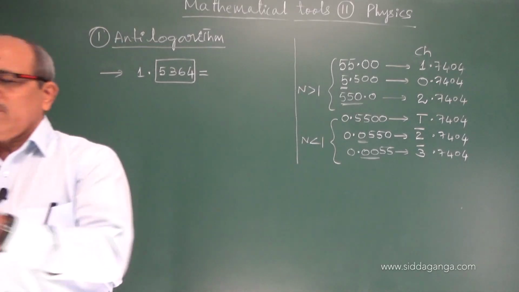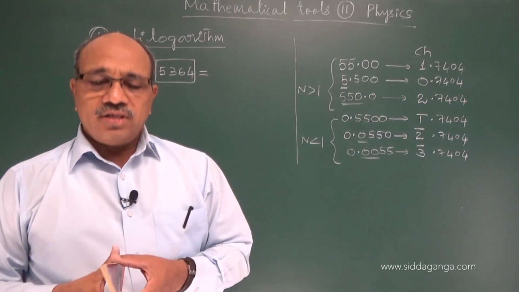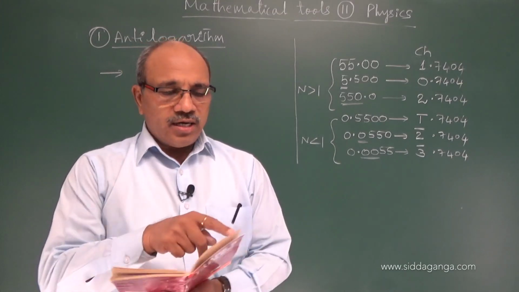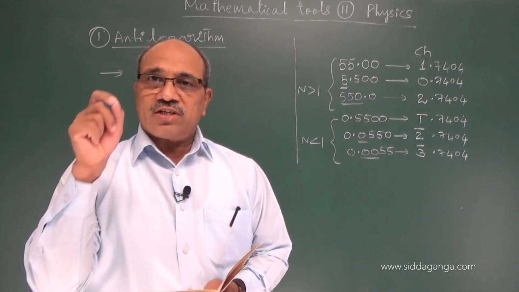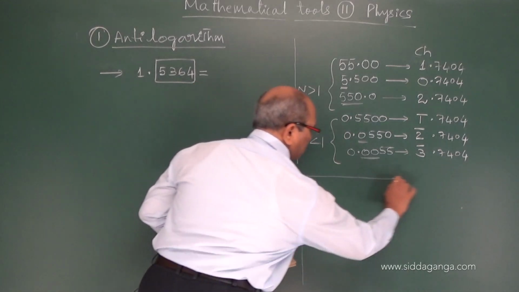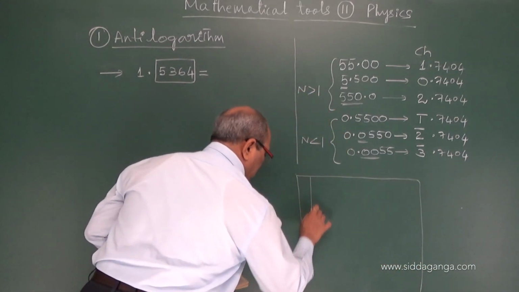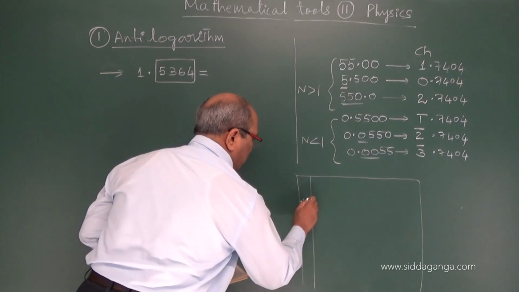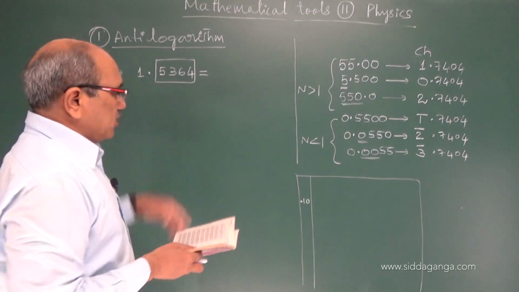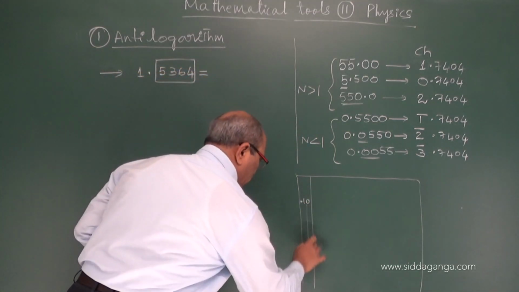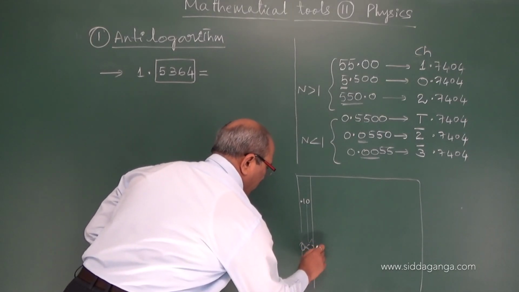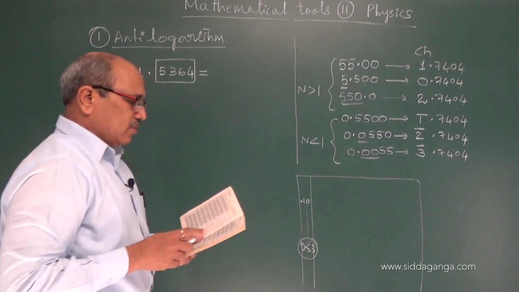Yesterday I told you, in the Clark book there is a page which contains the anti-logarithm, and the leftmost column, if you observe, starts with a point and 2 digits, like 0.10. For 53, go down the table till you get 0.53.